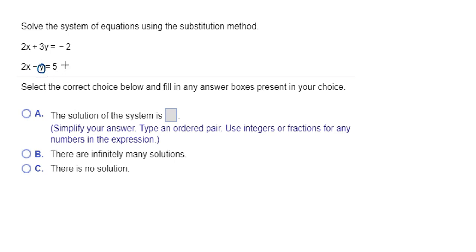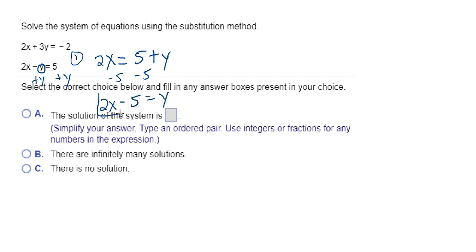What I think will be easier for step 1 is to add the y to the right-hand side. And that way we get rid of the negative sign. So we'll have 2x equals 5 plus y, and then we'll subtract the 5 back to the left-hand side. So get 2x minus 5 is equal to y. And that way you don't have to deal with dividing by a negative. So that's step 1, solving one of these equations for one of the variables.